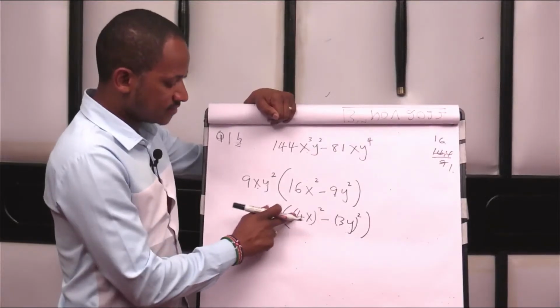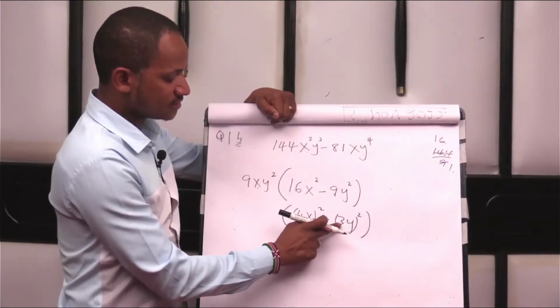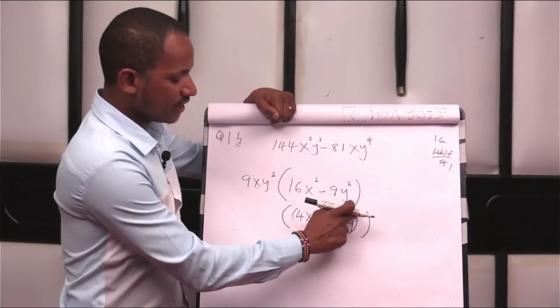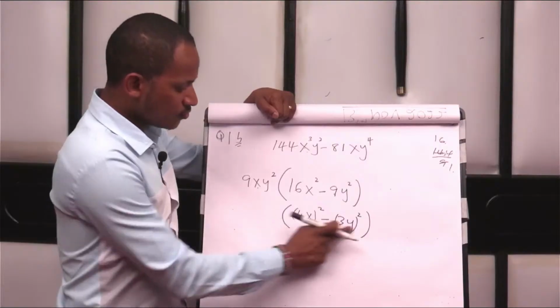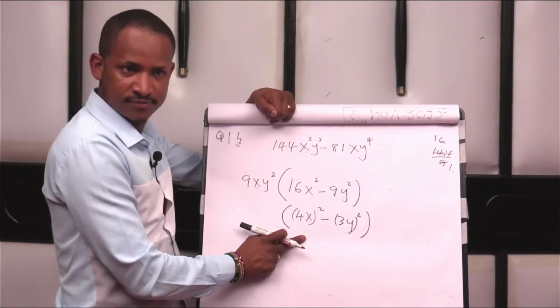So 4 squared is 16, x squared is x squared. 9y squared can also be written as 3y everything squared. So when you look at this, we remember something called a difference of two squares.